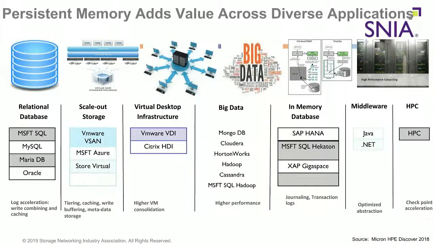NVDIMMs can be natively supported in vSAN environments, so that you can carve out the persistent memory regions for each VM and for all other operations that are possible with VMware. That is actually a huge improvement and a huge advantage to the data centers.